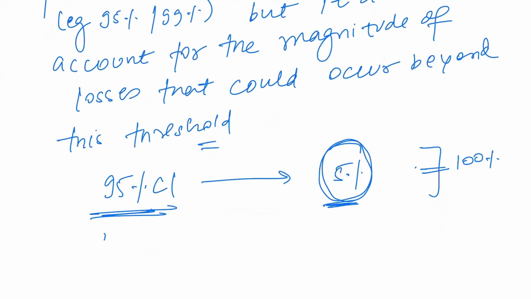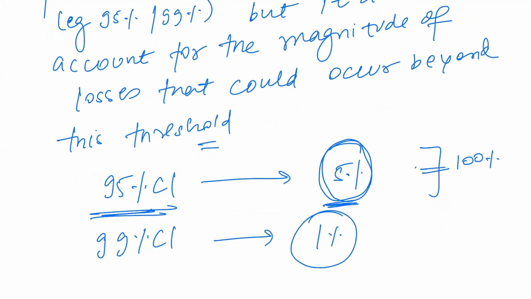Similarly, with a 99% confidence interval, the threshold is after the 99%, and in this 1% we do not know what the losses will be, and again this also makes up to 100%.